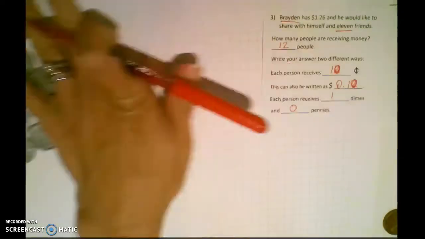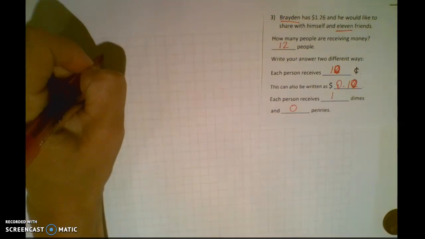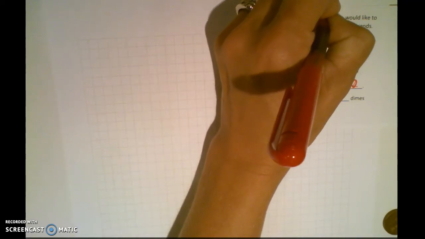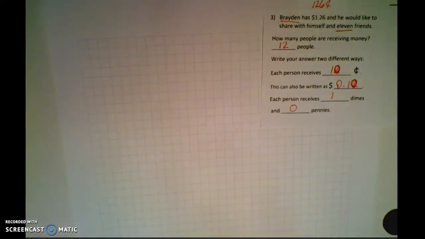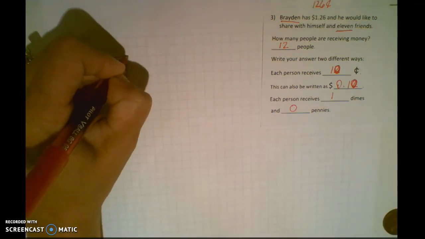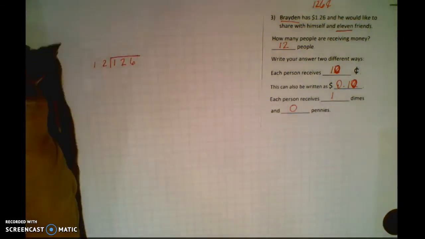Let's look at how that would work out mathematically. Well, $1.26 written as cents: $1 is 100 cents. So 100 cents plus 26 cents gives you 126 cents. So let's take 12 and see how many times that goes into 126 cents.